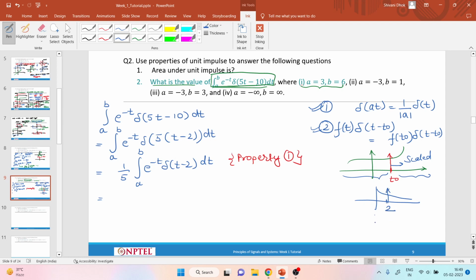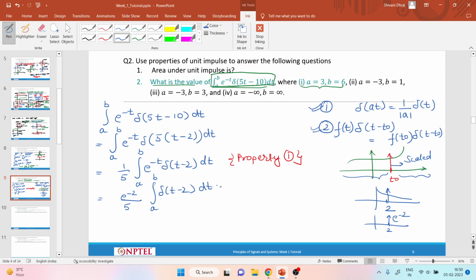So what we'll get is an impulse at 2, but now it will be scaled by e power minus 2. Same concept. So we'll be having e power minus 2 by 5 integral a to b delta t minus 2 dt.